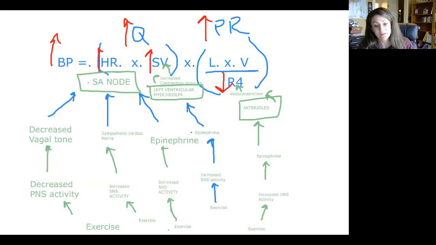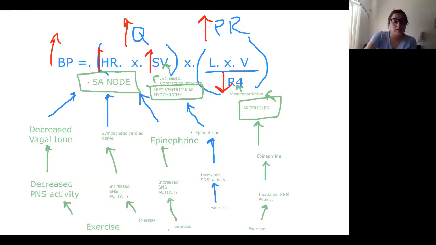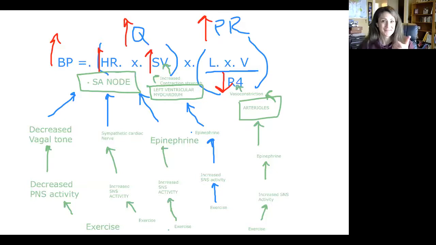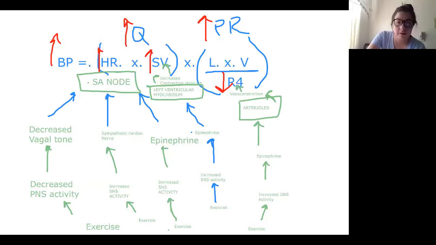All of the pathways start with exercise. How many unique pathways do we have coming off of exercise? Two. What are they? One is exercise to decreased parasympathetic nervous system activity, then it decreases vagal tone, affecting the SA node. Okay, hold on.